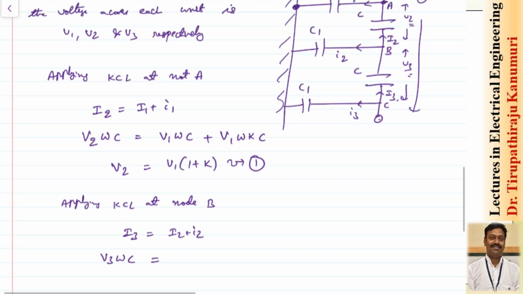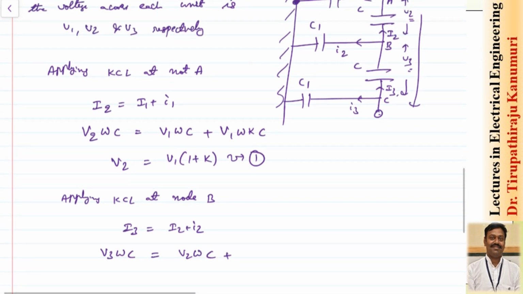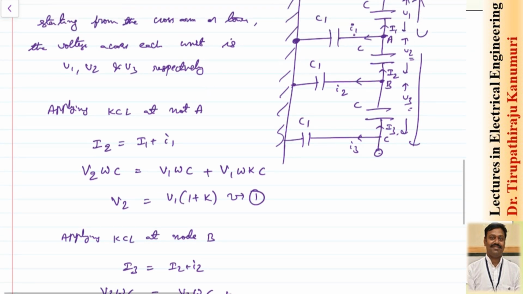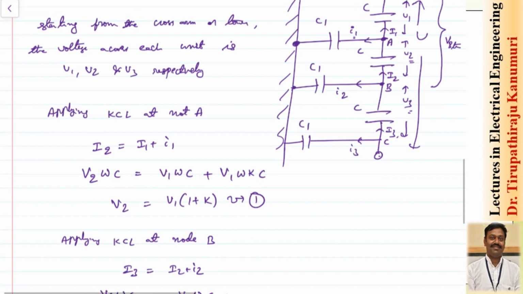I2 is producing a voltage of V2, so it will become V2 omega C plus the small i2. To calculate small i2, consider the voltage between point B and the tower. You can see the tower is at ground potential, so whatever voltage is there will be the voltage between B and tower, and that is responsible for the production of the current small i2.